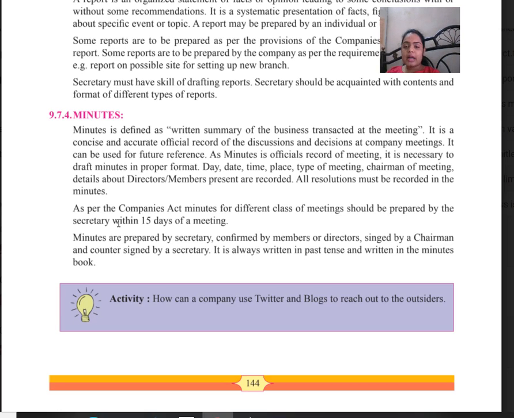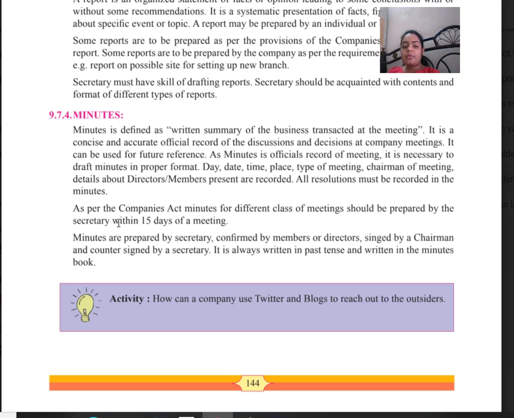When we are drafting a notice for the next meeting, the minutes also have to be sent with it. It is necessary to mention the proper date, format, time, place of the meeting, and chairman, then details about who all the directors or members present were, and what all took place. This should be written in the minutes book, and also when drafting a notice for the next meeting.